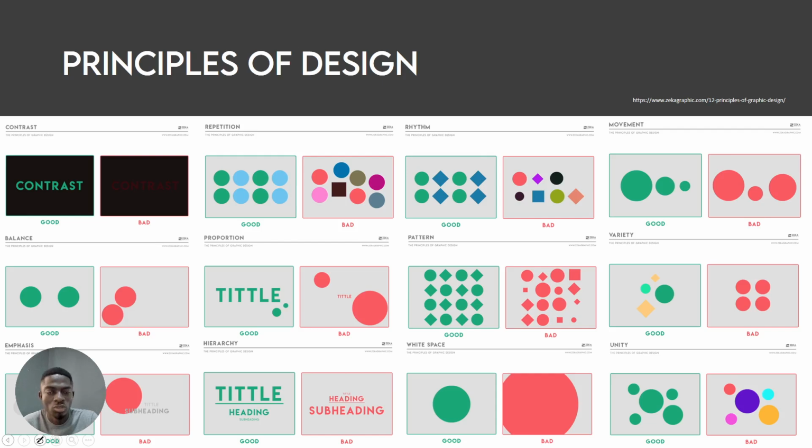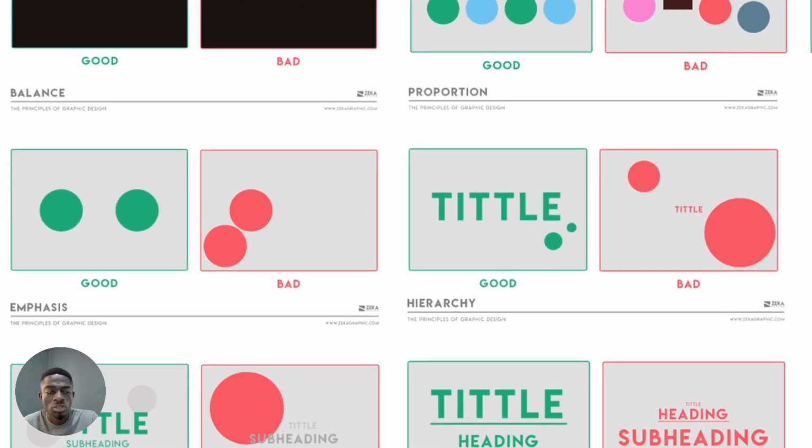You may have started working on a design, but something isn't working right. You feel like, nah, the design isn't working. Why? Because you lack the understanding of principles of design. Now, if you are looking at balance, how would you interpret good balance in a design?